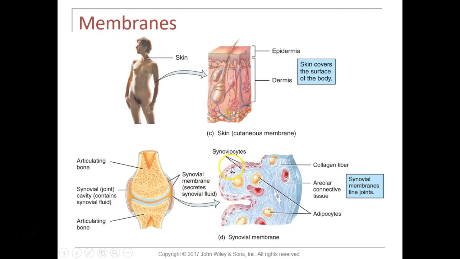The synovial membrane, as it's called, lines the inside of the joint capsule, or joint cavity, if I should say, on certain types of joints in the body, which would all be called synovial joints. Synovial joints have a space between the adjoining bones called the joint or synovial cavity, which the synovial membrane lines it.